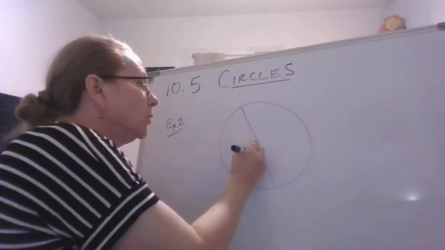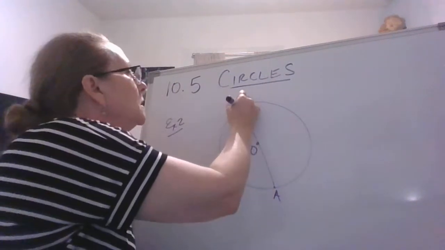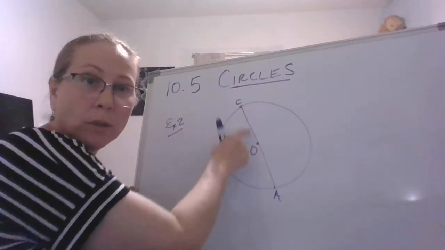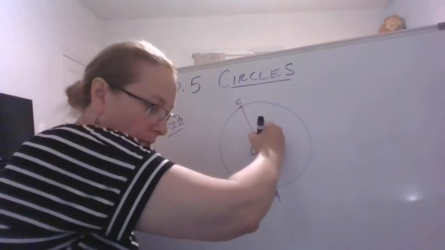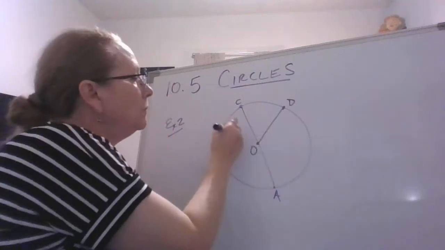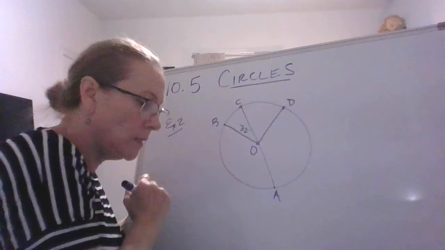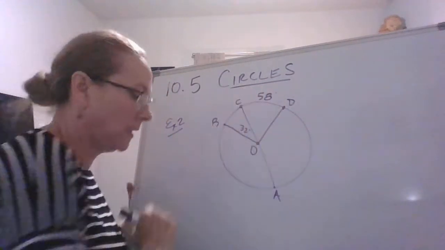So we have circle O. This is A, C. That is a diameter because it is going through the center. Both points are on the circle. We also have D and B. And this angle is 32 degrees, and this arc is 58.